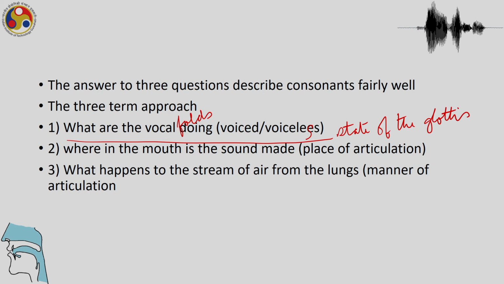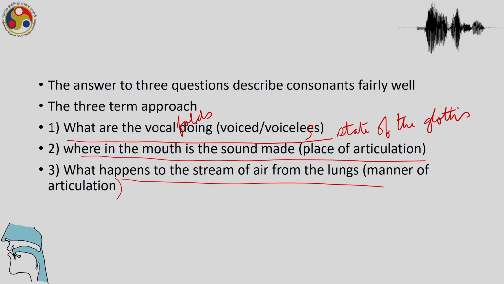So you could also think about that in terms of gestural phonology. And then also what happens to the stream of air from the lungs, which means the manner of articulation. So was it released as in a stop, or in a fricative, or affricate, or nasal, or approximant, etc.? So how was the stream of air released?